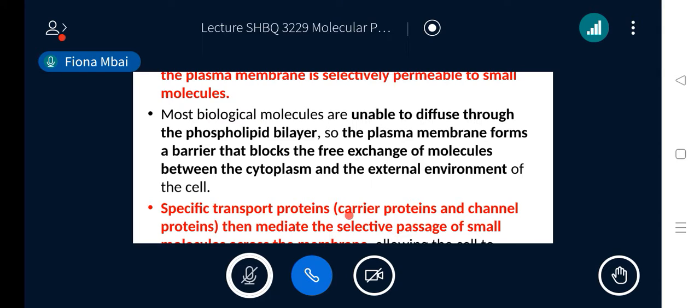So specific transport proteins, which we met before, carrier proteins and channel proteins, mediate the selective passage of small molecules across the membrane, and in doing so, they allow the cell to control the composition of the cytoplasm inside.